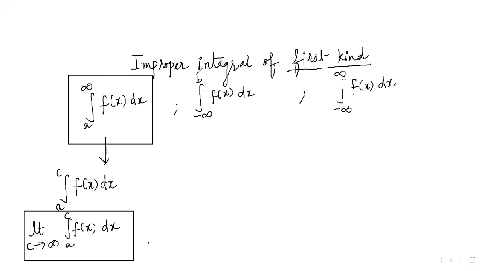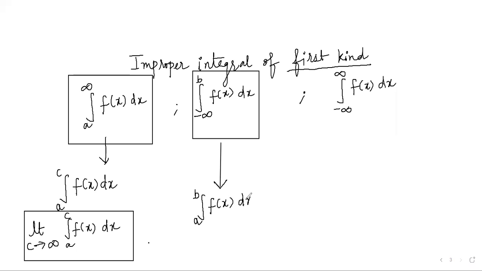Now, if I talk about the second case, which integral will we be considering? Here we will keep the upper limit as b, but we will take some real number a as the lower limit, and the upper limit will be b, and we will be evaluating this integral.